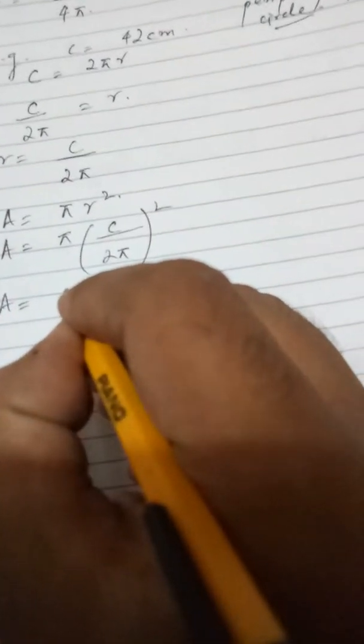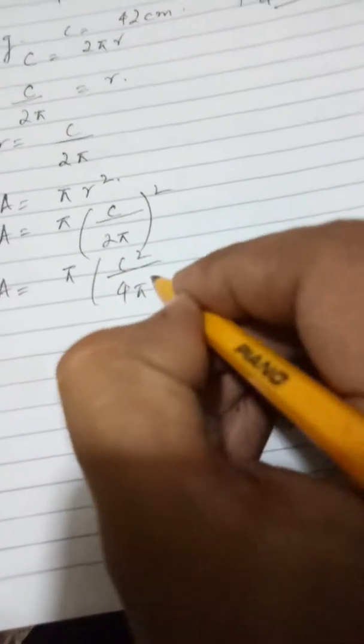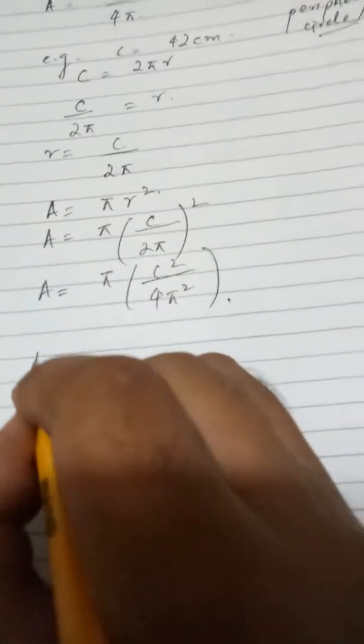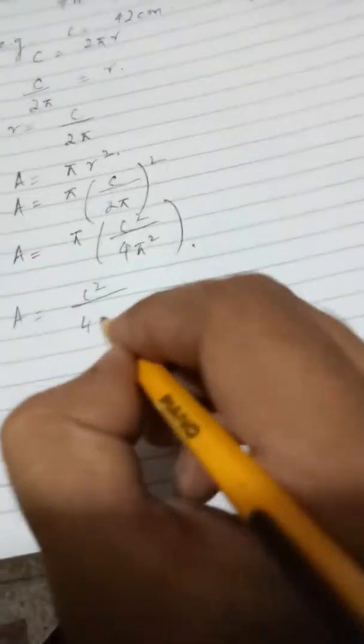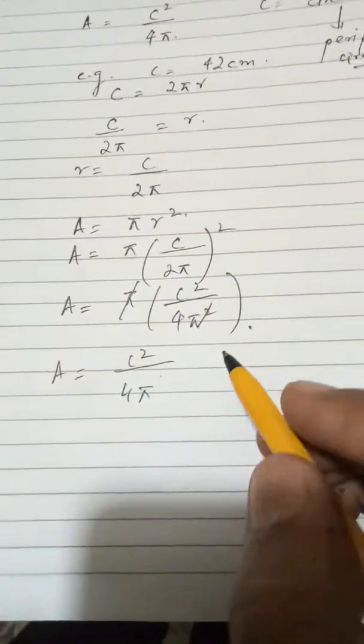So when you put it over here like this, that would be pi c square by 4 pi square, and that would be c square by 4 pi.